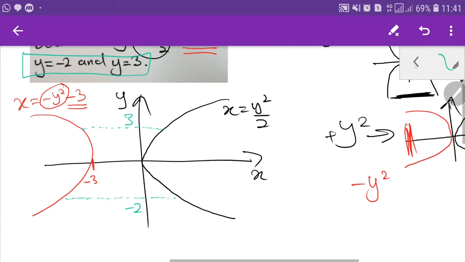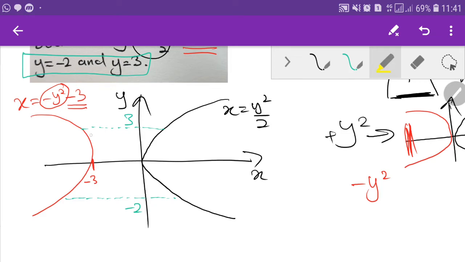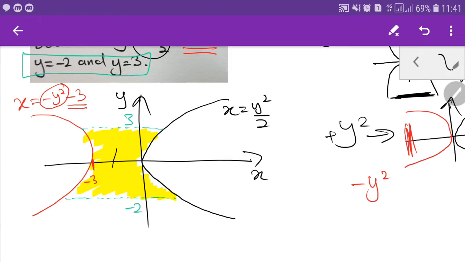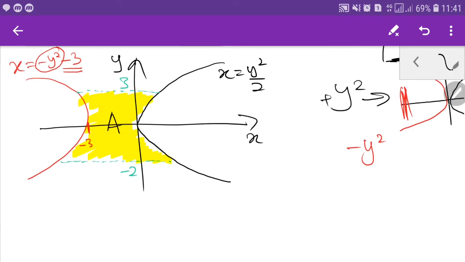Okay, so as you can see here, the area that we want to find, bounded by all these 4 boundaries, is the one that I highlighted in yellow. So this is the A that we want to find. So just now we have integration in terms of x, so we have to do atas tolak bawah.